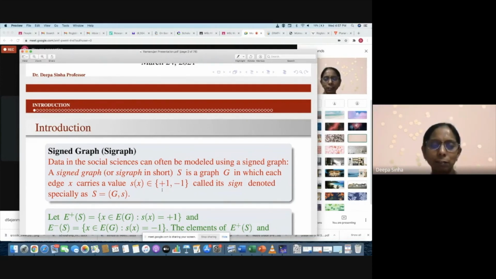These are the weights on the edges, and these are called the signs. Since G is an underlying graph, it is denoted as S equals (G, s), where small s is the function on the edge set of G.